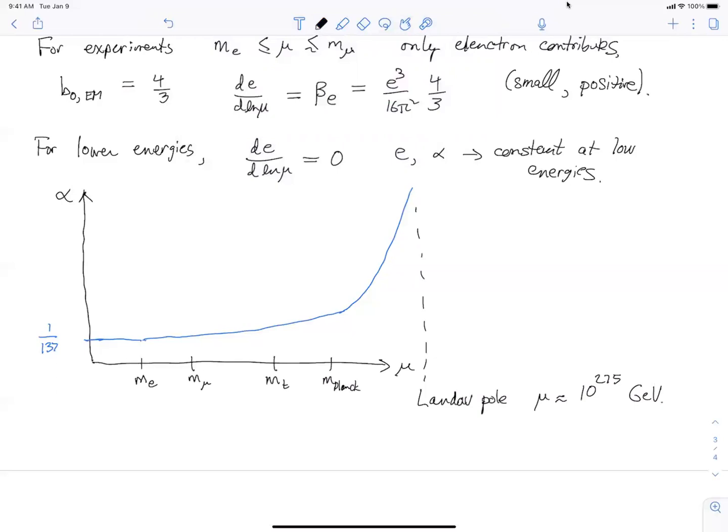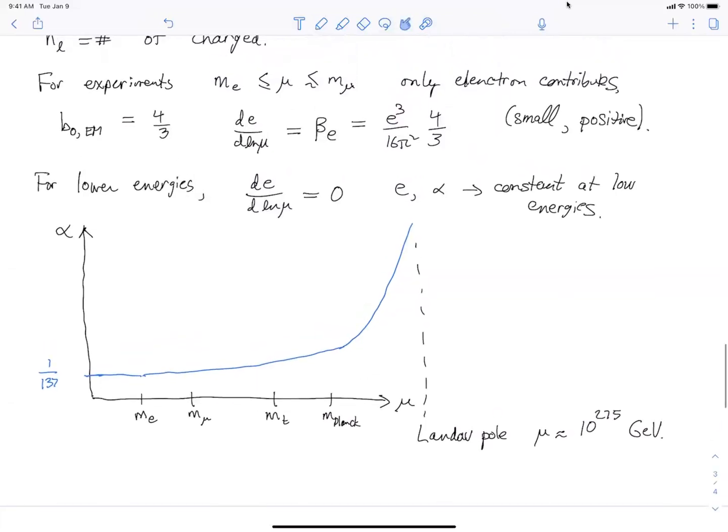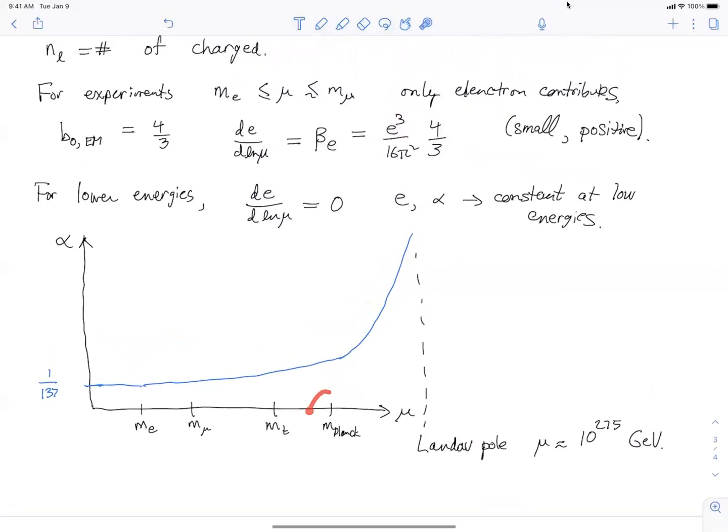So first of all, we're never going to run into that experimentally. And secondly, we have no reason to believe that that's even what we should be doing. Presumably, once we get up to the Planck mass here, we shouldn't even be doing this theory anyway. We should be doing some different theory probably. Okay, so there's this Landau pole, but it's of zero practical significance for QED.